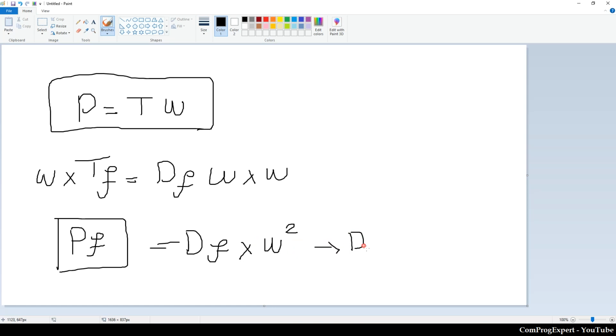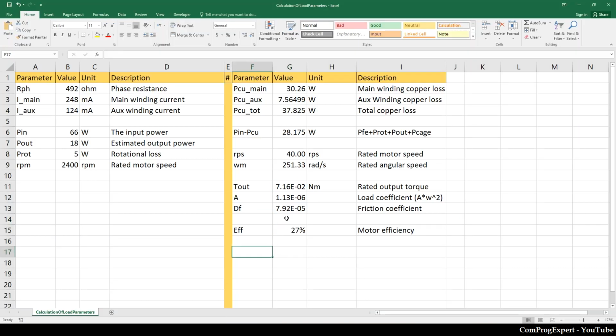Finally, I can calculate the friction coefficient using this equation: total rotational loss divided by omega m squared. I implemented this equation here, by assuming this number.